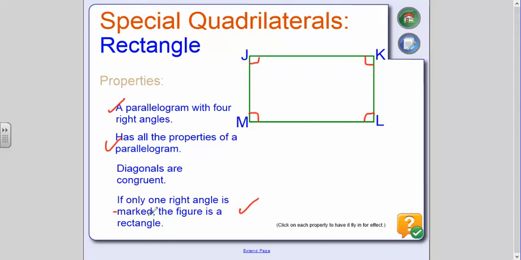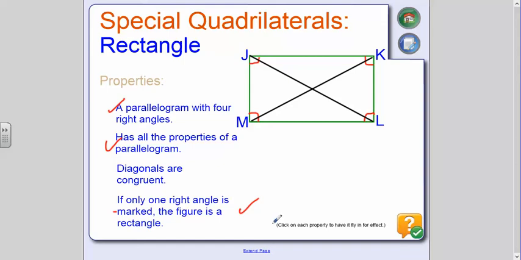And then when you do the diagonals for a rectangle, the diagonals are congruent. So that means that instead of just bisecting, which they'll still do, because that's a property of a parallelogram, they'll also be congruent.